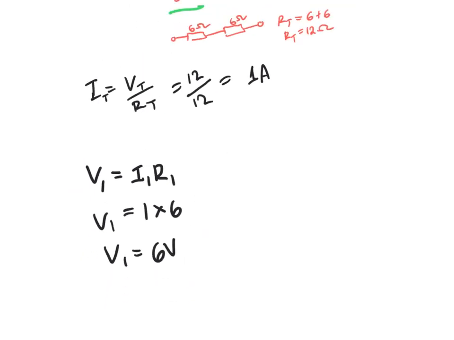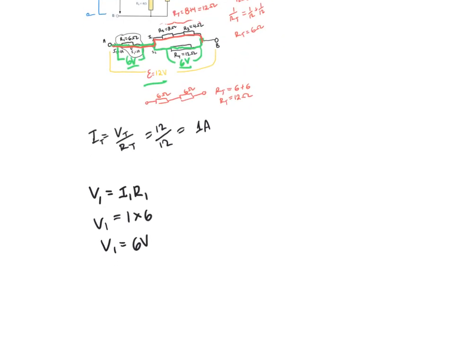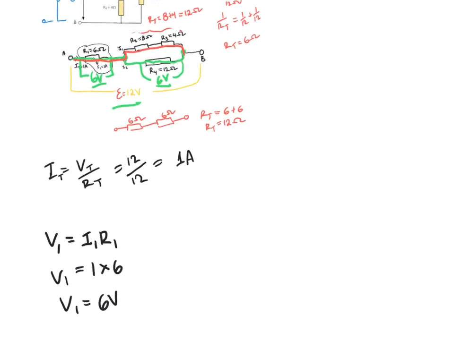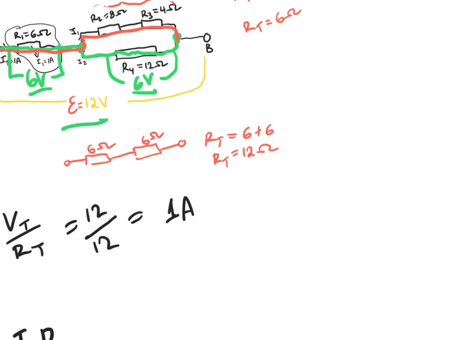So what I have is, I can calculate I2 because now I have the potential difference across resistor 4 and the resistance across resistor 4. So I2 is equal to potential difference across resistor 4 divided by resistor 4, which is 6 over 12.